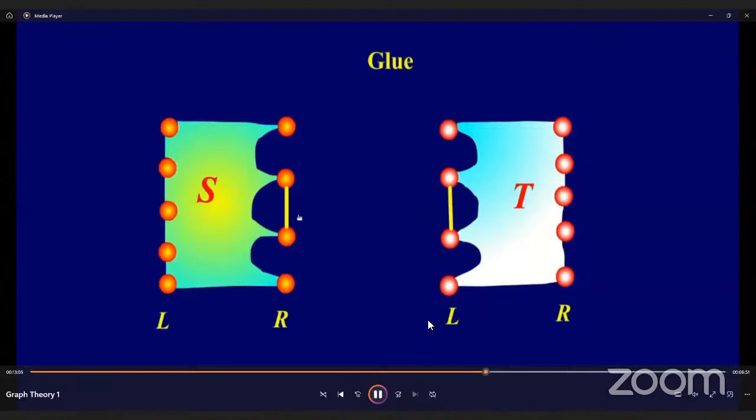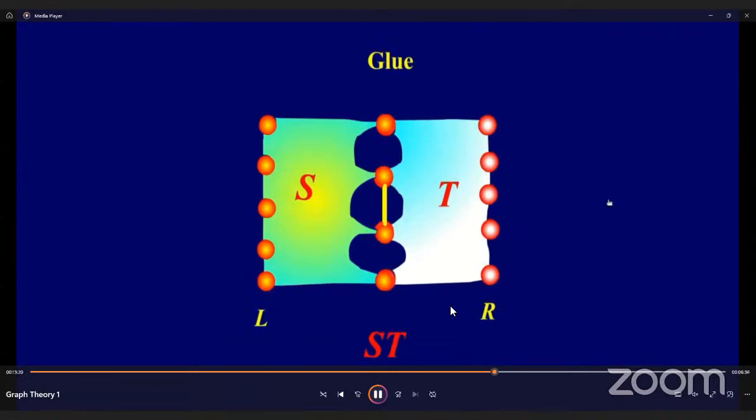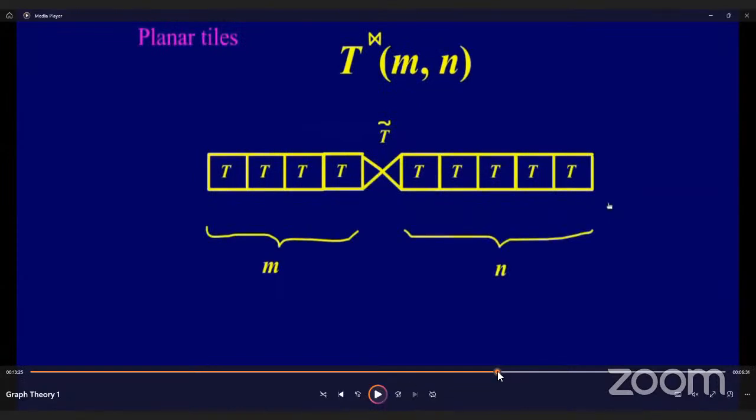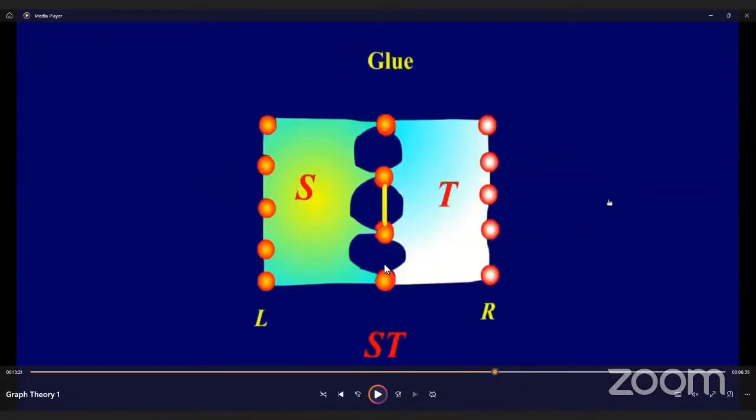Now, if the edges do not correspond, then you cannot glue them. For example, here there's an edge, but here no edge, then you cannot glue that. So when you glue that, it becomes like this. And the edge there is now just one edge.